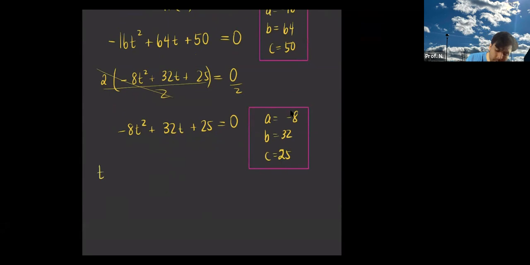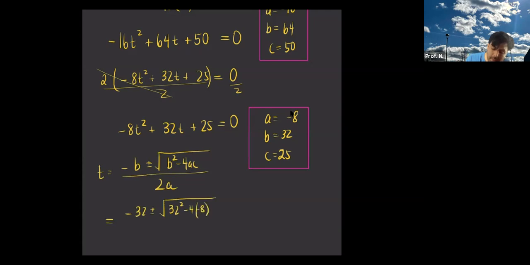So t is equal to what? Negative b plus or minus the square root of b squared minus 4ac, all over 2a. Plug in: negative 32 plus or minus the square root of 32 squared minus 4 times negative 8 times 25, all over 2 times negative 8. It's a lot of numbers here.